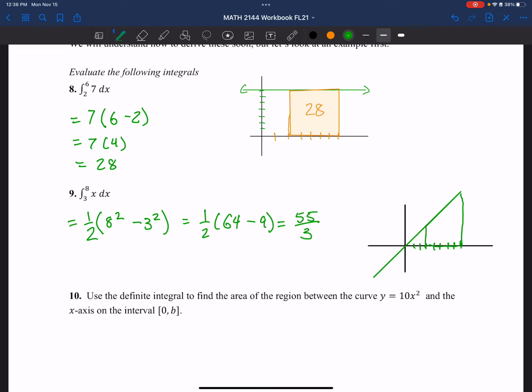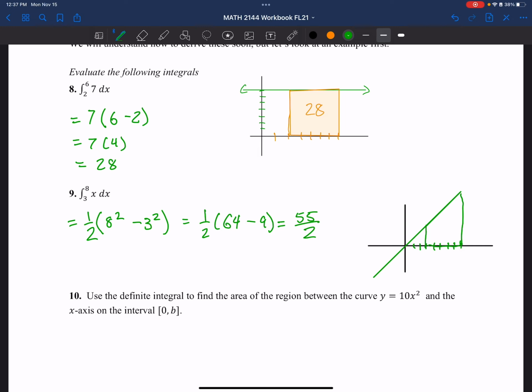I guess I tried to trap you with that question. But yeah, sorry. What's up, Weston? Why is it over 3? Oh, it should be over 2. Good catch. Thanks. Which also follows from the trapezoid area formula. Any questions on that one?